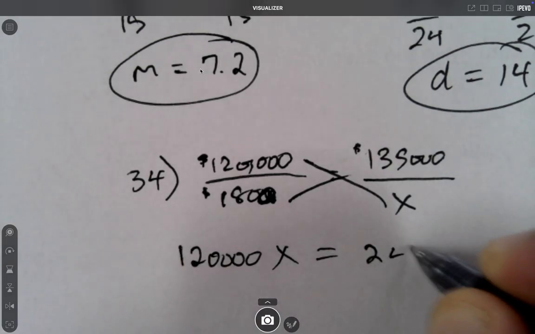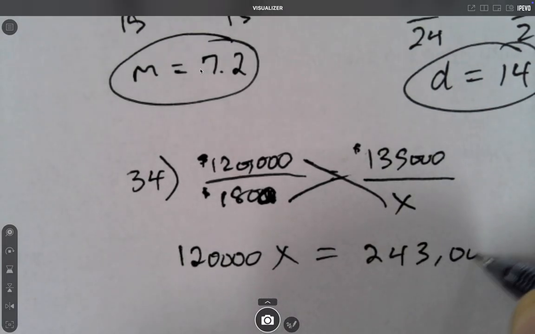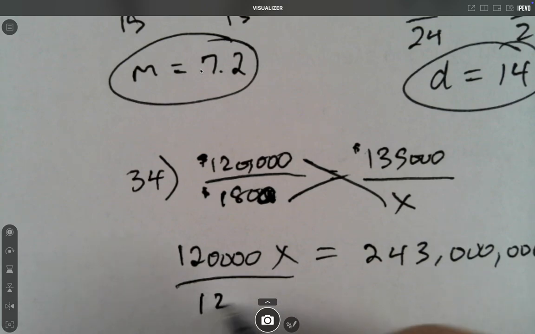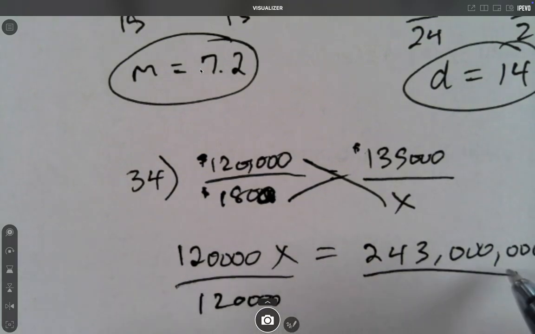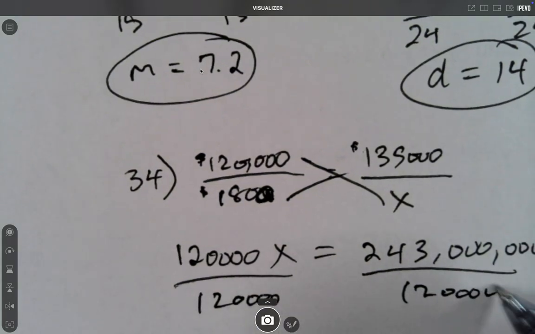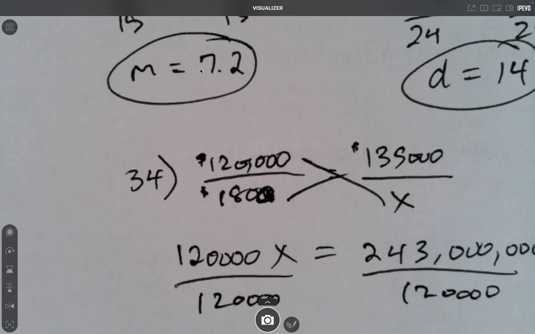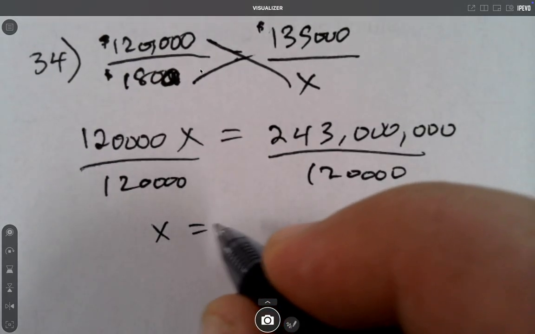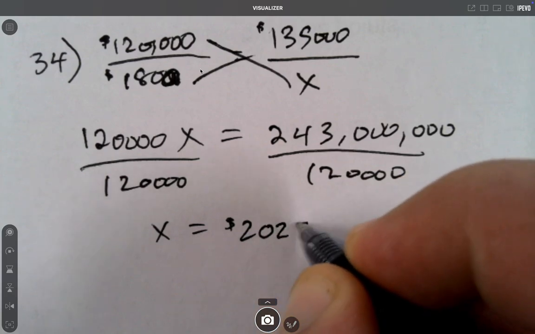It's an enormous number. I think I'm putting the commas in the right place here. 243 million. Then we divide both sides by 120,000. So the tax for a house at this value would be $2,025.